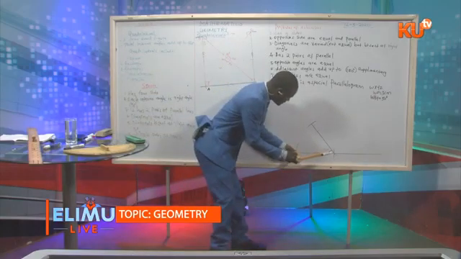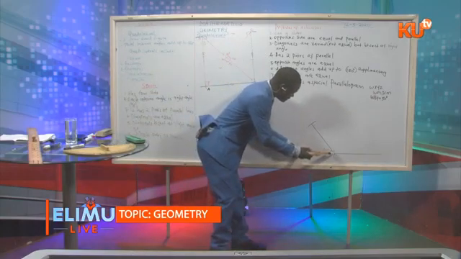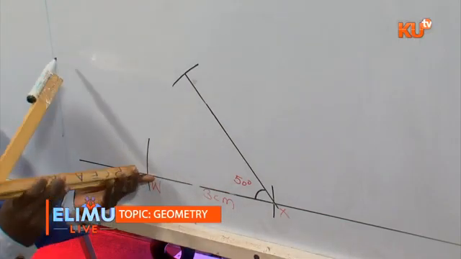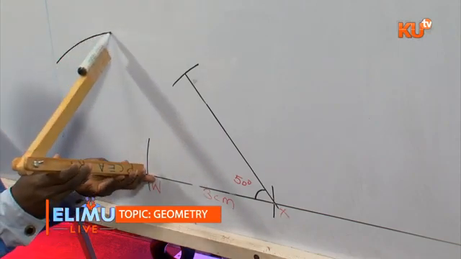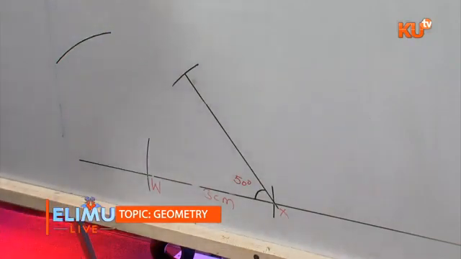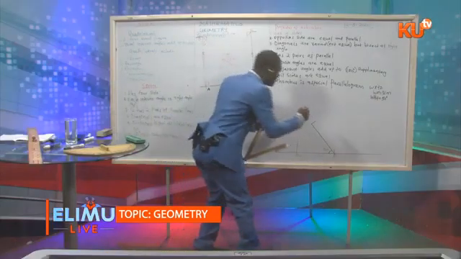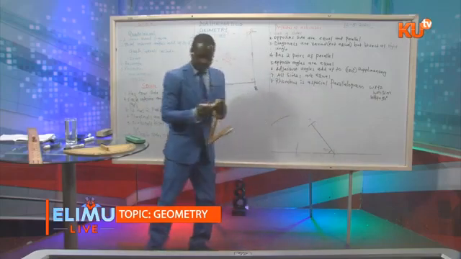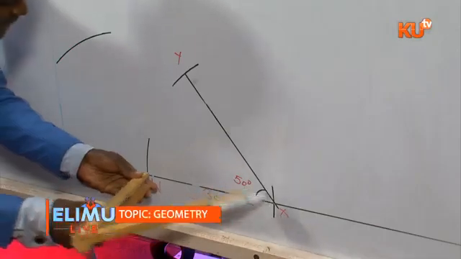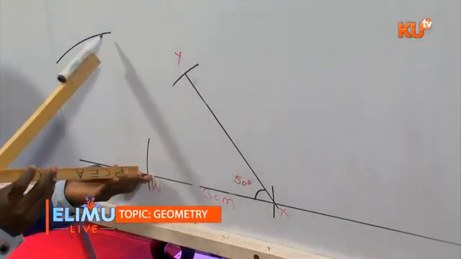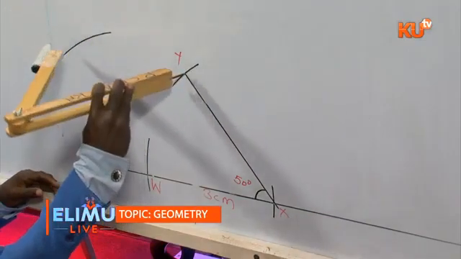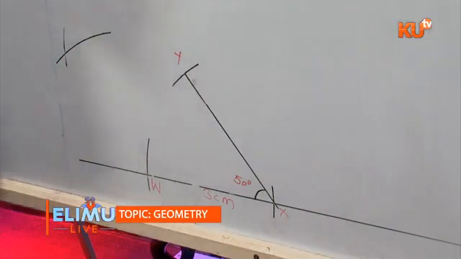Now, since all the sides of a rhombus are equal, you stand at W and put an arc like that. Then again, come back to, this should be WX, Y. After putting an arc above W like that, you lift it, come at Y, and again draw the arc like that.